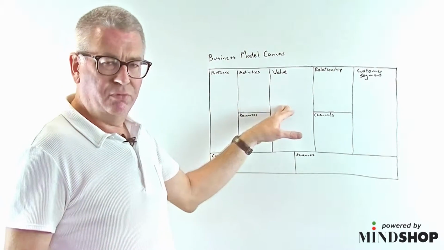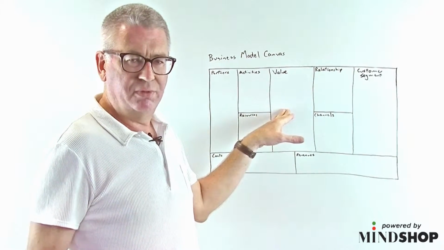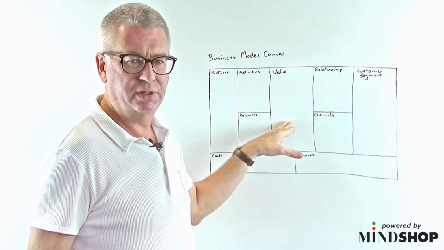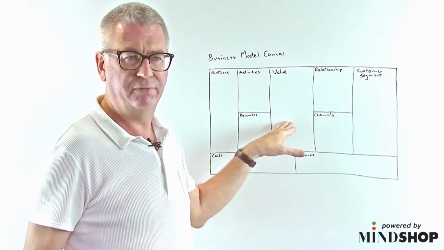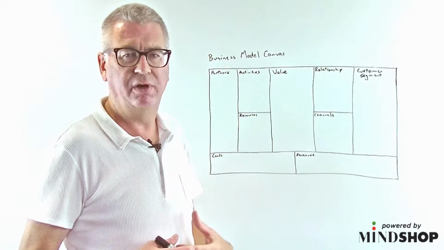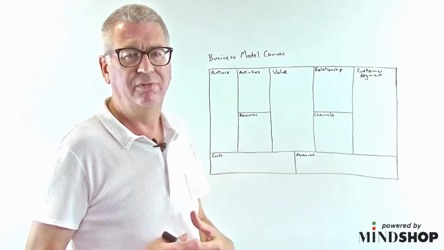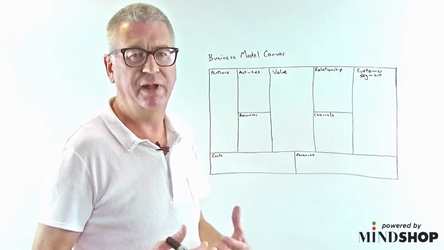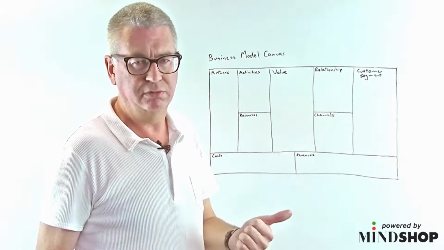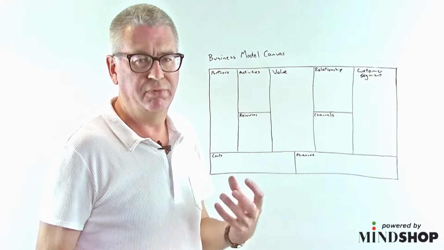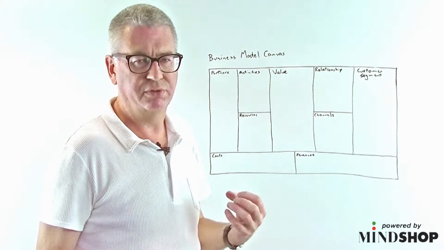A lot of people confuse features with benefits and get really muddled up about what the value proposition is. So, for example, if I was a professional firm and I provided tax advice, really the tax advice is the product, that's not really the value. The value proposition might be legal compliance and peace of mind. So make sure you really hone in on the value, not just the product or the feature.